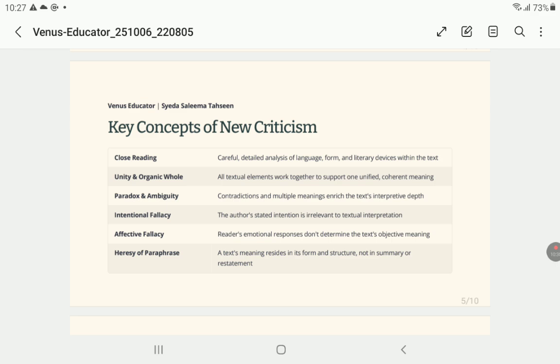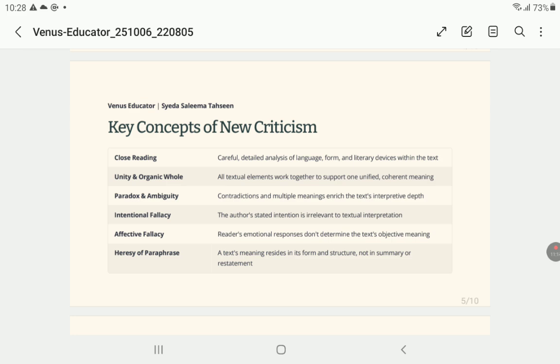As we are not interested in the background of the writer or the name of the writer, we are going to look at the analysis of language: how the language has been used, what literary devices have been used, how the imagery has been used, and what form of the language has been used. All this critical and careful detailed analysis of language will be included in close reading. Focus on each and every line, rhyme, figure of speech, words, etc.